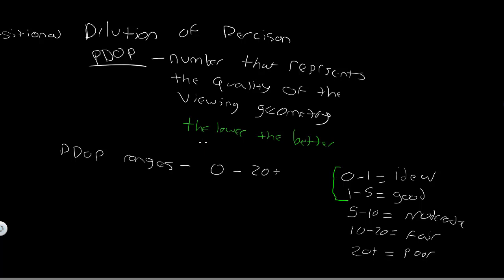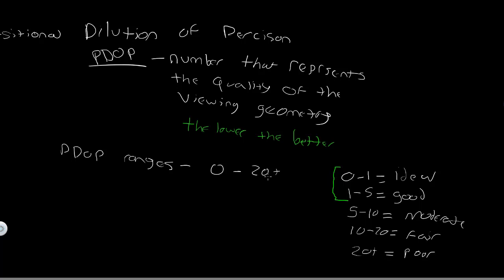As we talked about in the video on multipath error, if you're in a densely tree-canopied area, the signals may never reach the receiver, or they'll be of such poor quality that they wouldn't be counted. That would raise your PDOP because you have fewer satellites. So ideally, you'd want less than 5.